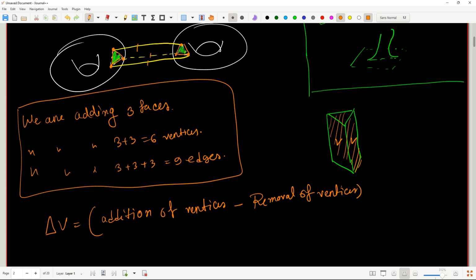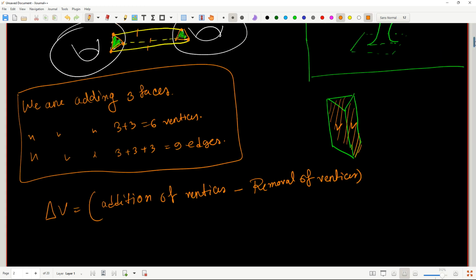Because if you consider adding as a positive thing, then removal would be a negative thing, right? So that's why you put a minus sign over here. So addition of vertices is 6, removal of vertices is also 6, so this is just 0. Del V is 0.